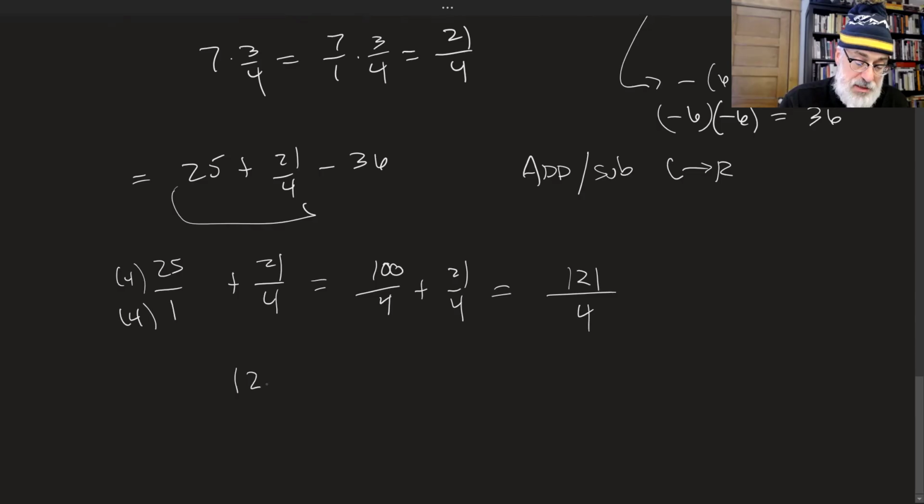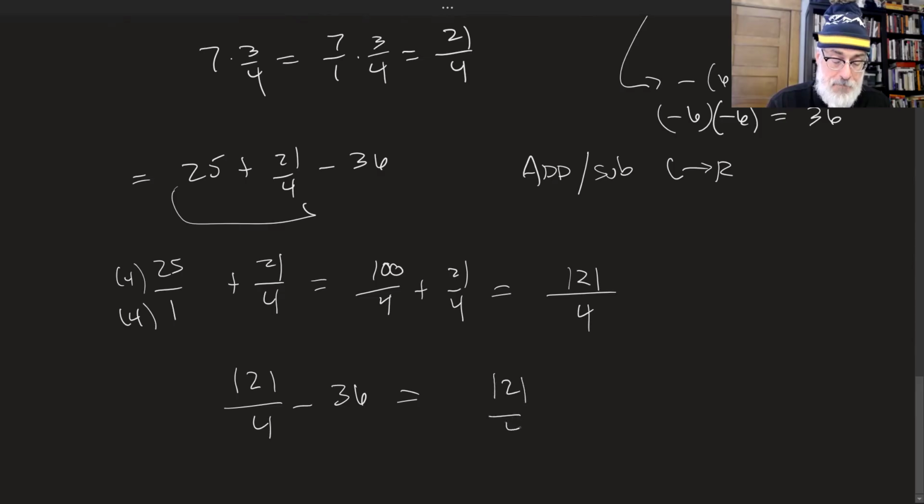So let's write that 121/4 minus 36. Now you guessed it, we're going to find a common denominator between 121/4 and 36, which means we're going to take 36 over 1 and multiply it by 4 over 4. That gives us 121 minus 144.